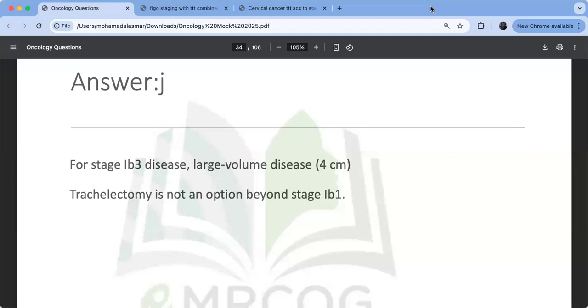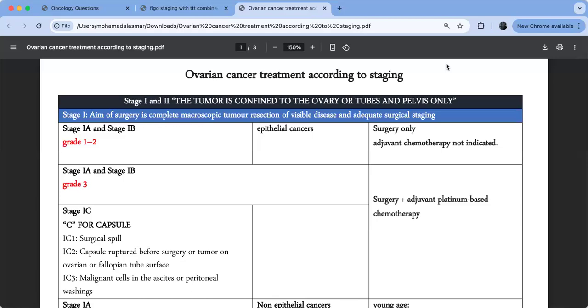So my friends, here what we will say for the ovarian cancer. Ovarian cancer is a cancer where we go and remove everything, right? Correct?